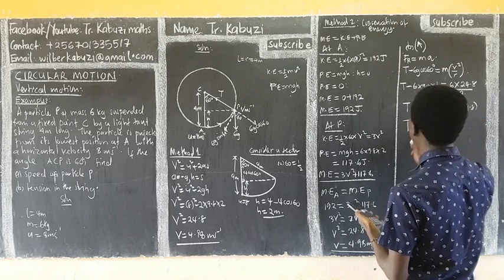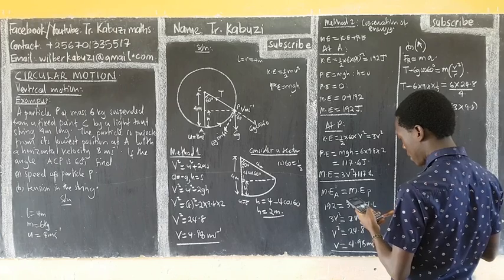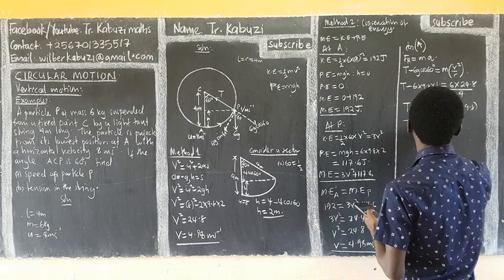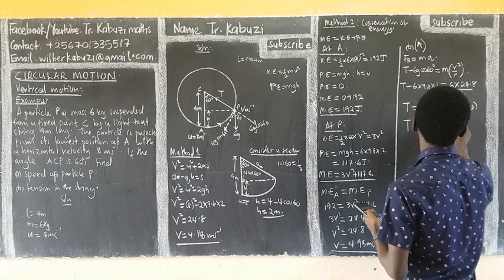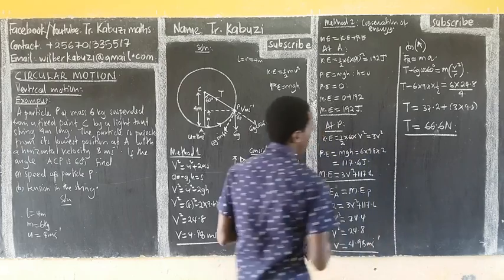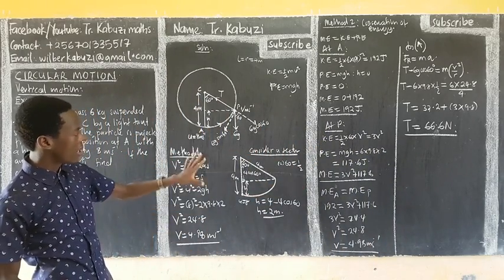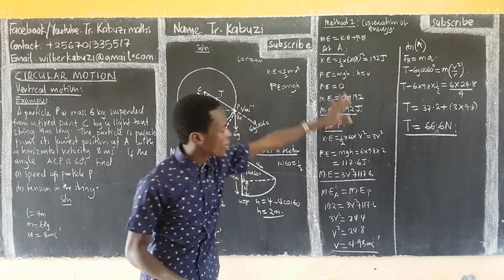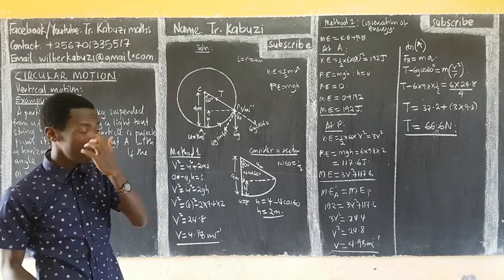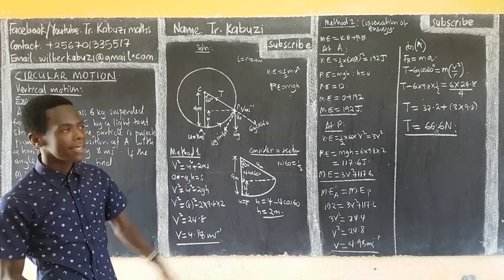So my tension is going to be 66.6 newtons. So it's up to you. That's it. Either use this method or use this method. Everything is going to give you the same answers. It's up to you.